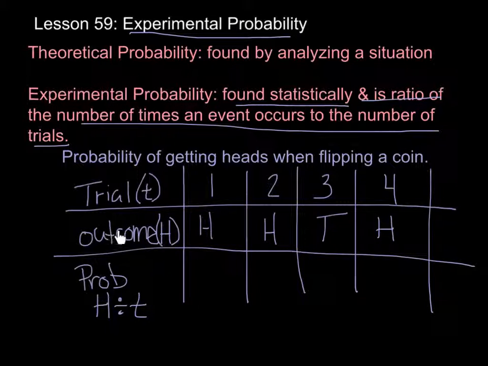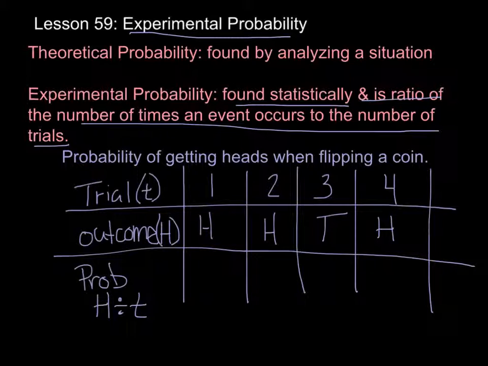Our outcome: I flipped a coin, I got heads, then I got heads again the second time I flipped it, I got tails the third time, and heads the fourth time. To find the experimental probability, I take the probability that I want over the total number of trials. So let's fill this in as we go.